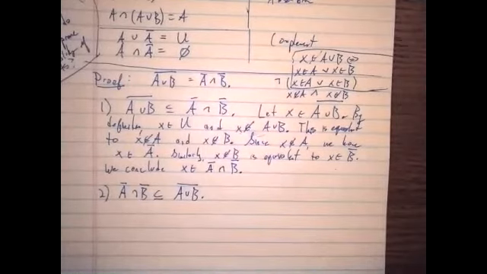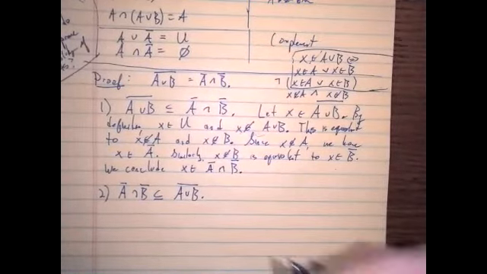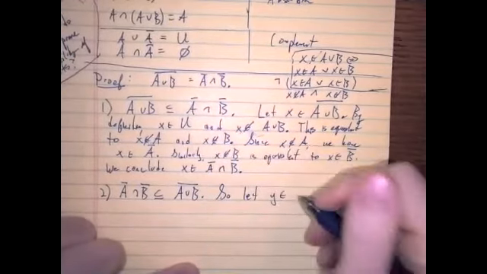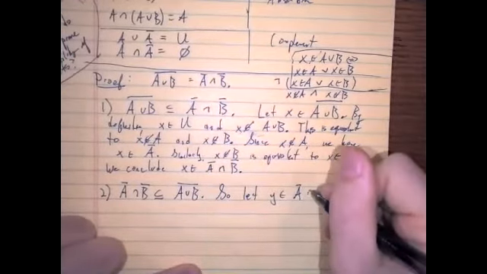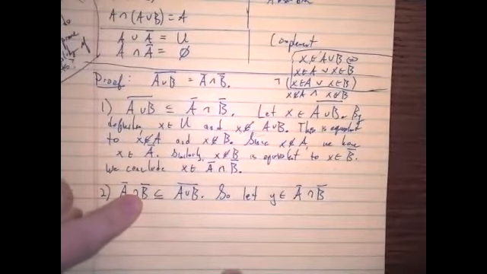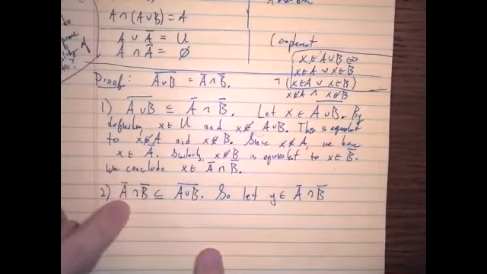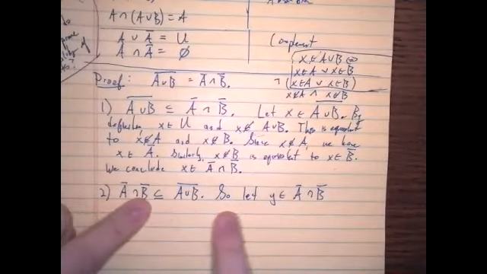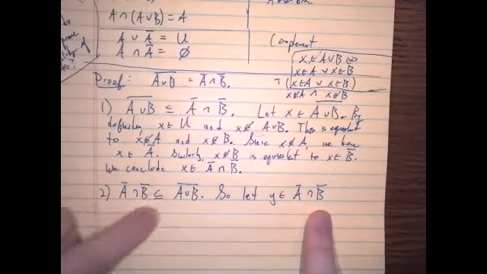So let Y be an element of A complement intersect B complement. I start with an arbitrary element over here, and I show that any element over here must be over here as well. So I start with let Y be inside this set.